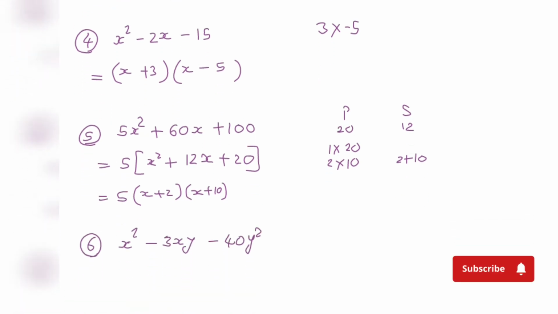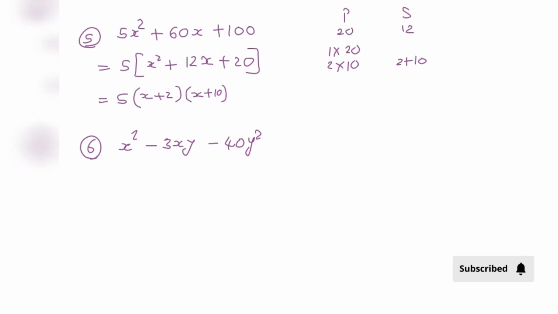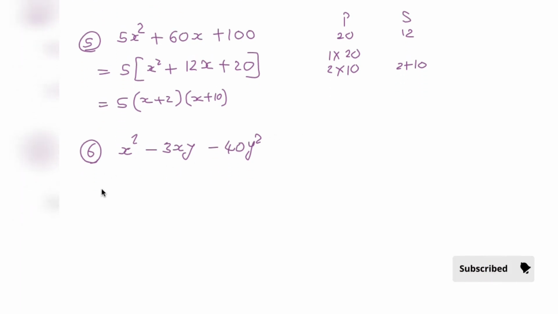Now take another example. This is a little bit different type. Here x square minus 3xy plus 40y square. You can just ignore y square and y. Just imagine the product is negative 40 and the sum is negative 3.